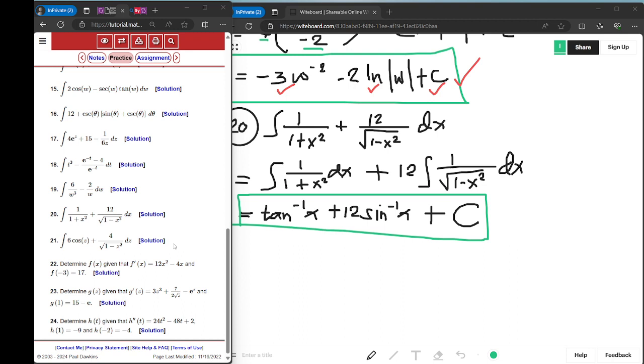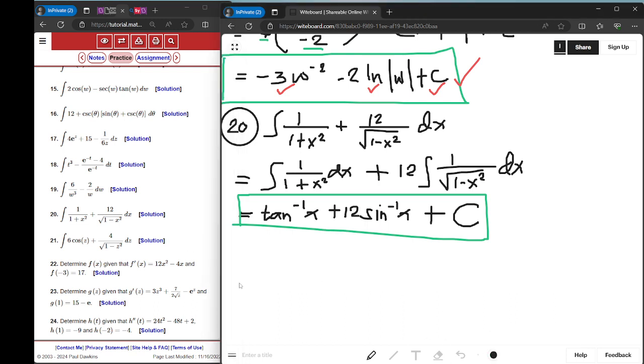So which means if x is equal to negative 3, the answer should be 17. How should we solve this one? But let's try. I'm not sure. So problem number 22.